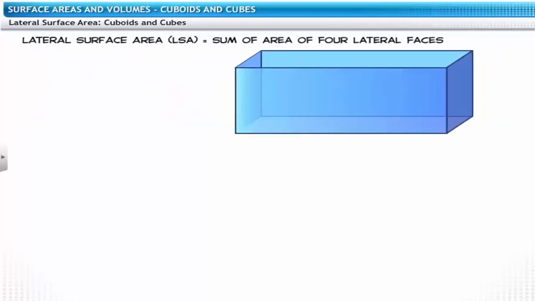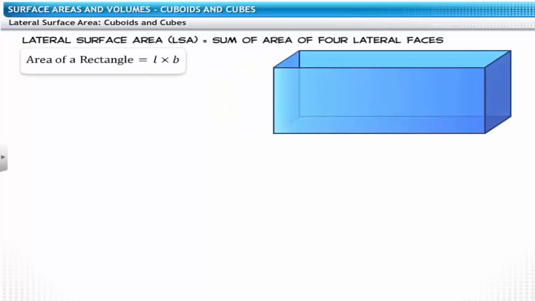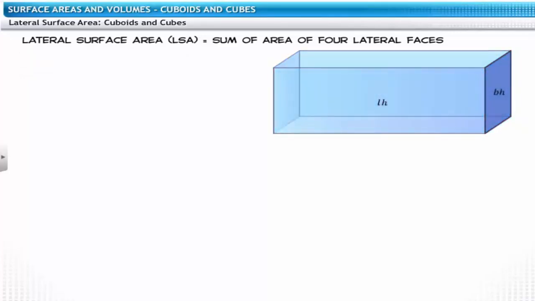As each lateral face is a rectangle, we can apply the formula length into breadth to calculate the areas. We get the areas of each lateral face as LH, BH, LH, and BH. Now calculating LSA is easy. All you need to do is add all these areas.